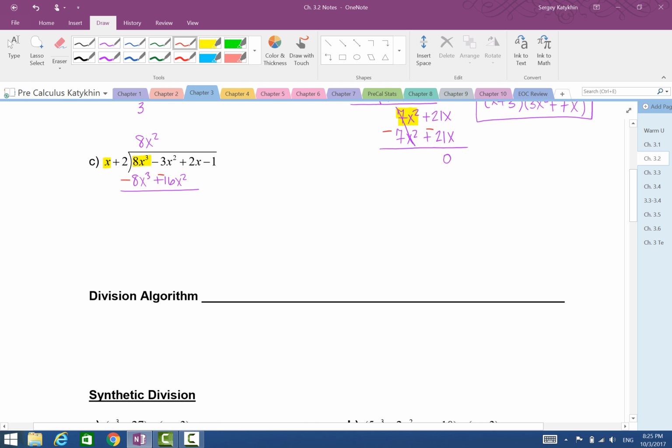So 8x squared minus 8x squared, that obviously is going to be 0. But look what happens here. We have negative 3x squared plus a negative 16x squared, which actually gives us negative 19x squared. Bring down the positive 2x like you would in a regular division problem.